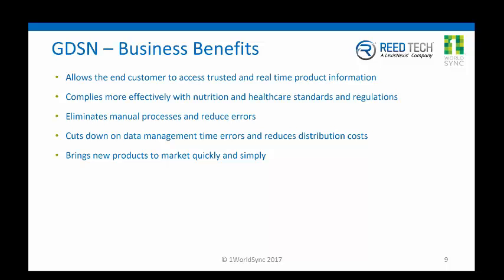So the people on the other side, the recipients that are getting the data from you, are able to get a message saying, hey, your product, the product X, was just changed by manufacturer Y, and you need to update that in your system. And it's happening all together in one harmonious motion, to where, again, the real-time data exchange is a living, breathing thing. It complies more effectively with nutrition and healthcare standards and regulations.